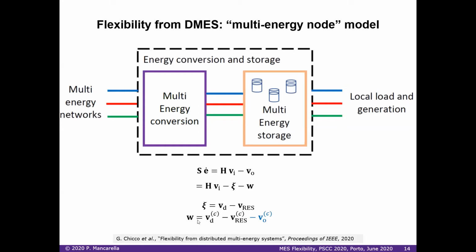Then, with the term W, we indicated general flexibility options coming from curtailment. VD would be curtailment of demand of each vector, and VC would be curtailment in local generation, potentially from renewables. And then VO is a unique type of curtailment flexibility that arises when different vectors interact in specific devices.